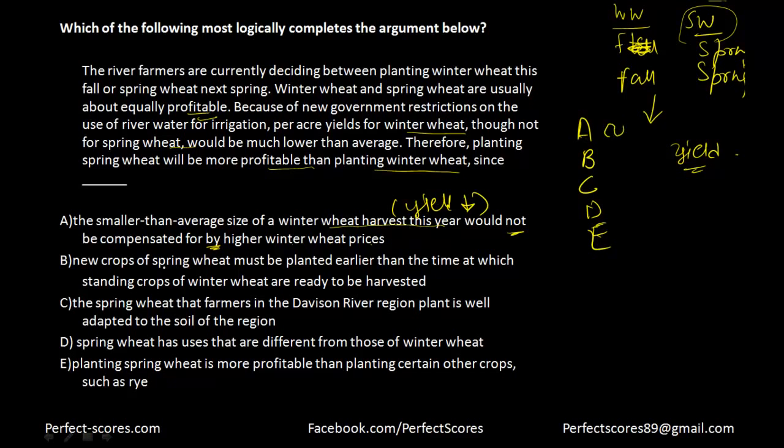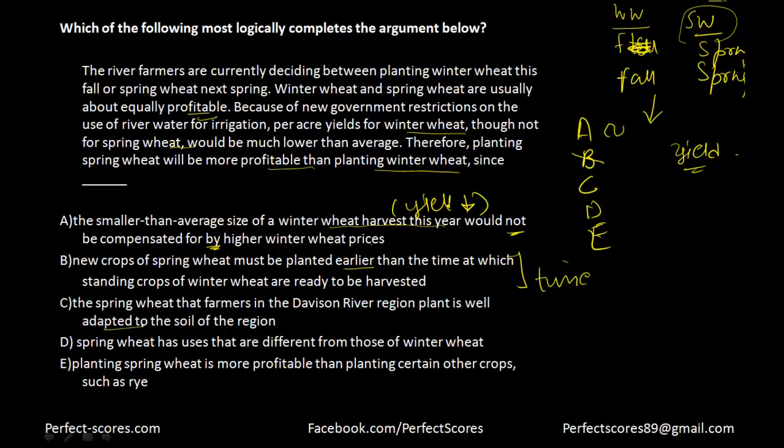B says new crops of spring wheat must be planted earlier than the time at which standing crops of winter wheat are ready to be harvested. Now this is talking about overlapping time. It's not related to profits at all, so B is irrelevant. C says the spring wheat that farmers in the Davison River region plant is well adapted to the soil of the region.